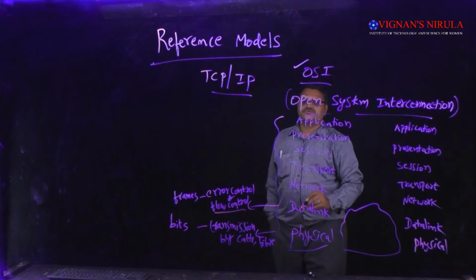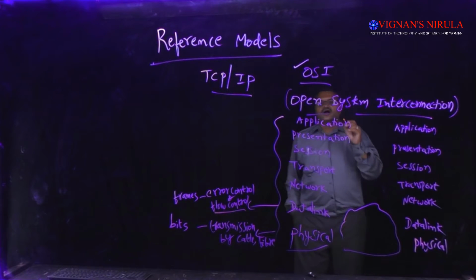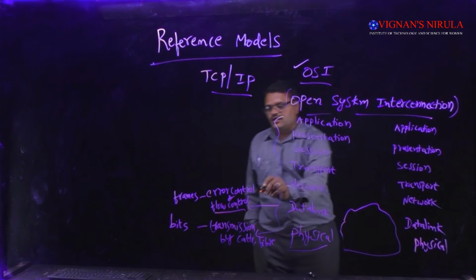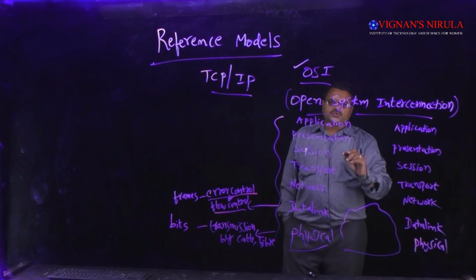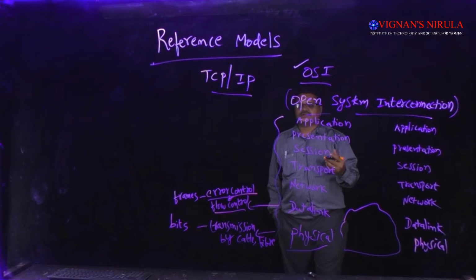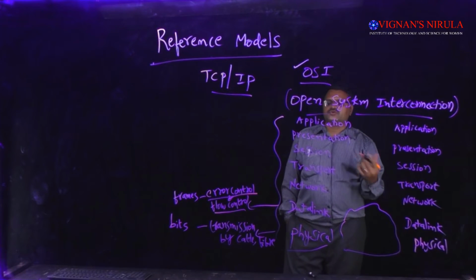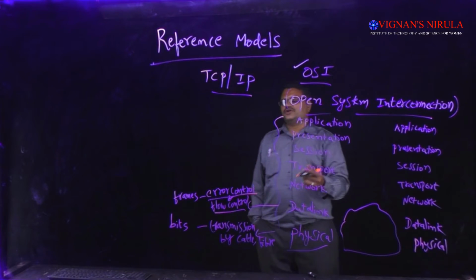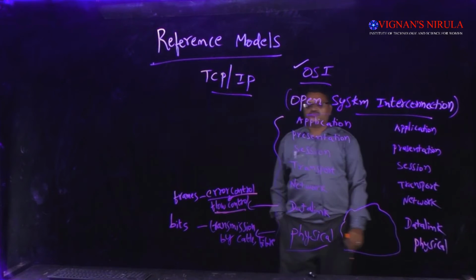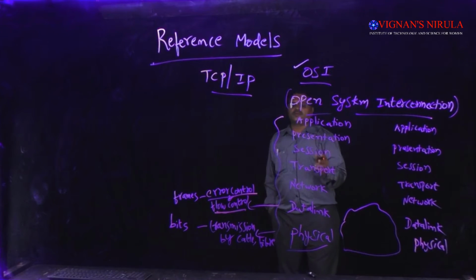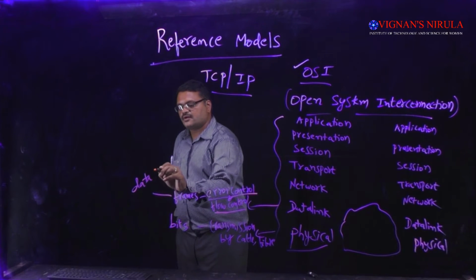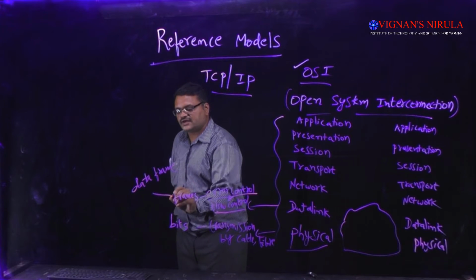Error control means sending the data from the sender to the receiver without loss of information, whereas flow control makes the flow uniform without overwhelming the receiver. Error control and flow control are done by this data link layer. And remember, there are two types of frames here: one is a data frame and the second one is an acknowledgement frame.